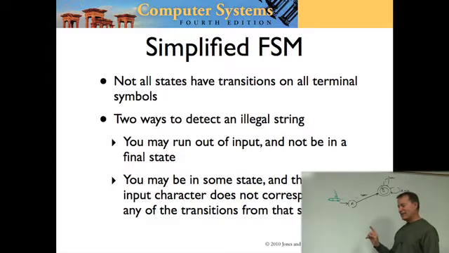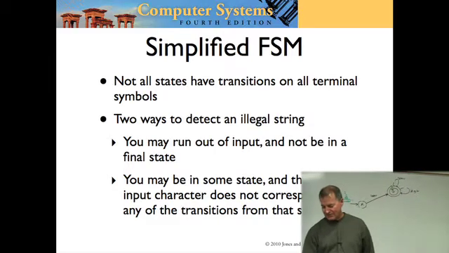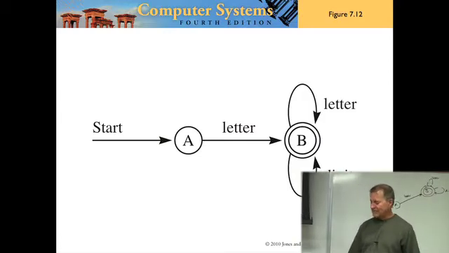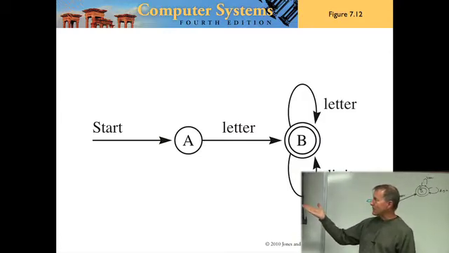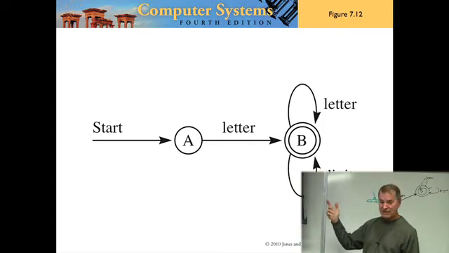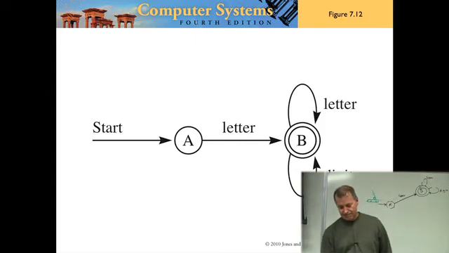But now wait a minute. Here's a little nicer drawing, this next figure. Does everybody see that this is the figure with the C gone, and everything else is the same? Now we only have two states. But now wait a minute. Now our rules have to change.